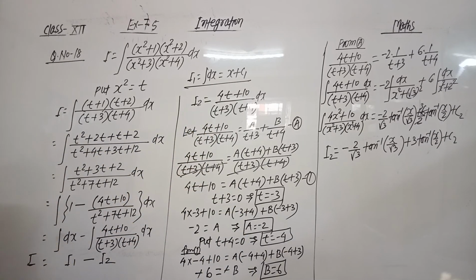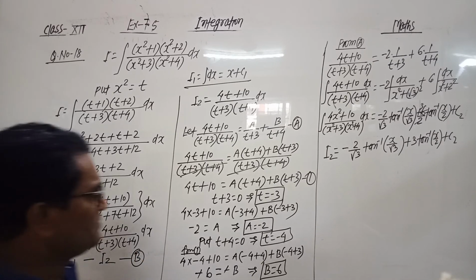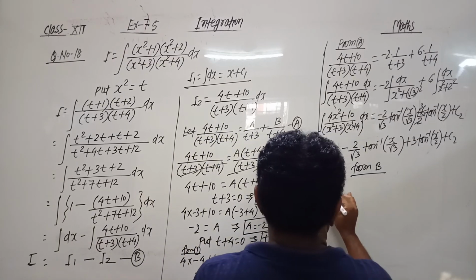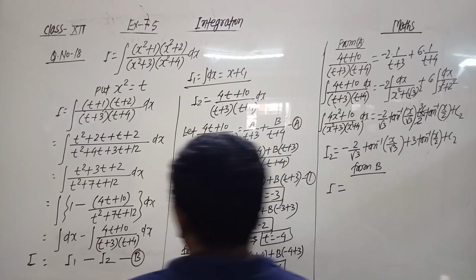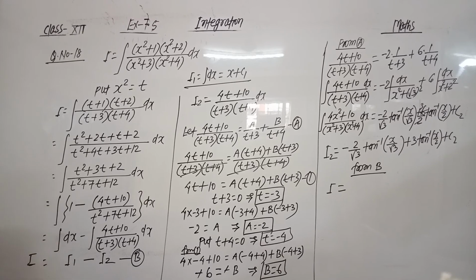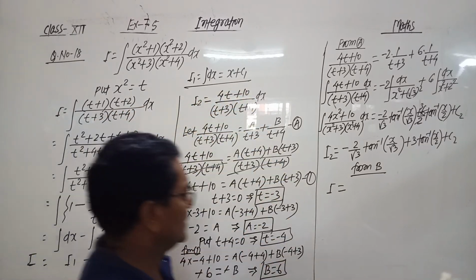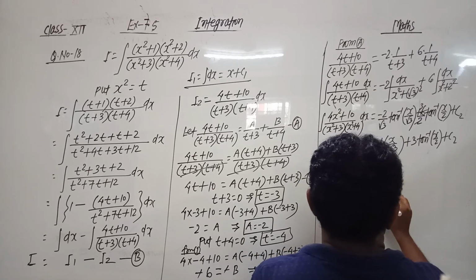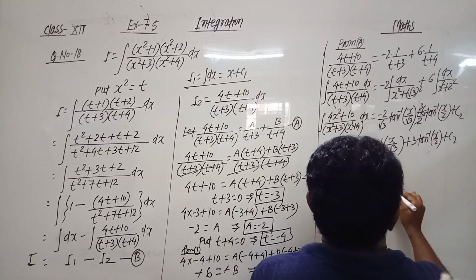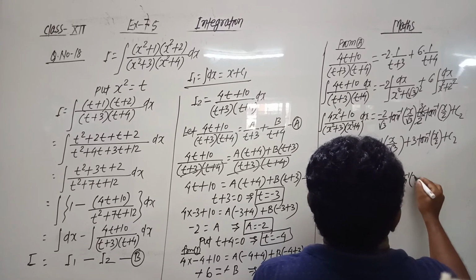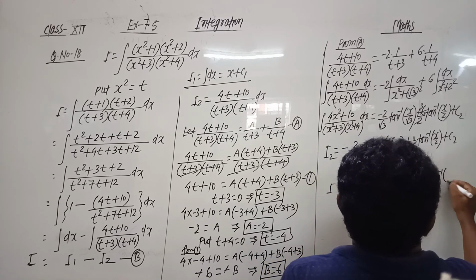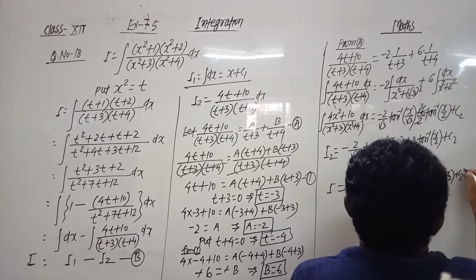Now put the value of I1 and I2 in equation number 3. So I equals I1, and the value of I1 we have calculated. The value of I1 is x plus C1. So x plus C1 minus the value of I2, which is minus 2 by root 3 tan inverse x by root 3 plus 3 tan inverse x by 2 plus c2.